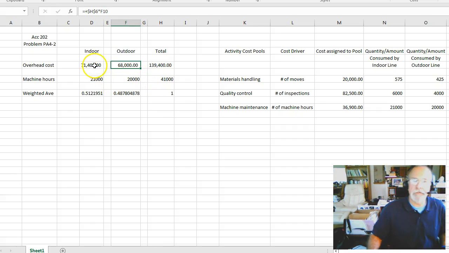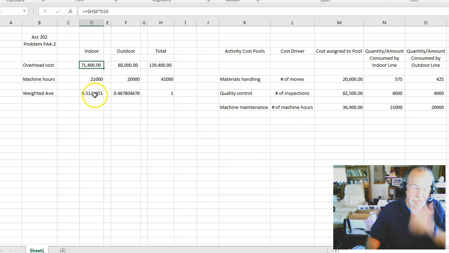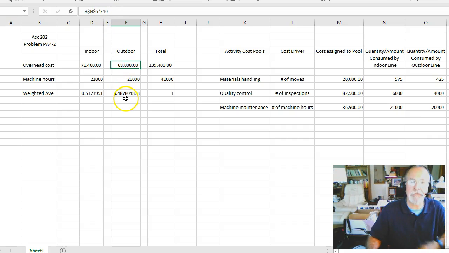So based on the formula, which is simple, it's taking the total overhead costs and multiplying by the weighted average percentage for each of the two products. Total overhead cost times the percentage in F10, which is 48.780478%. I just use a floating decimal here, and that basically eliminates any rounding differences.